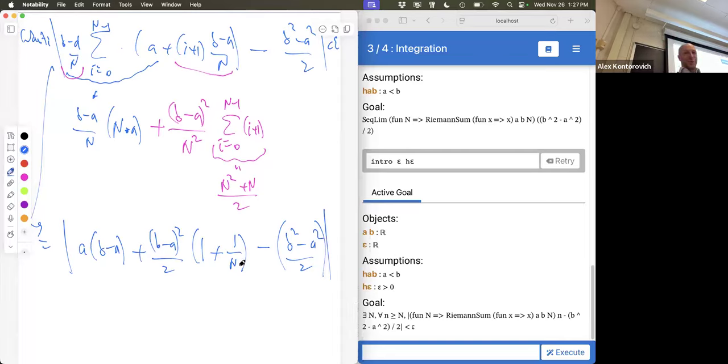Exactly. The 1 over n is going to go to 0. How about if I take, so let's look at the rest of this stuff. What is this and this and this? So I have a times b minus a plus b minus a squared over 2 minus b squared minus a squared over 2.